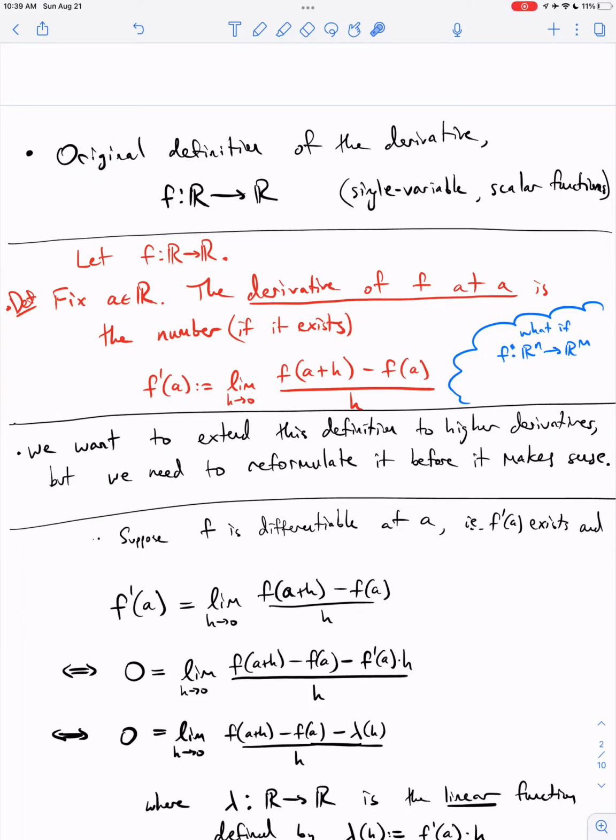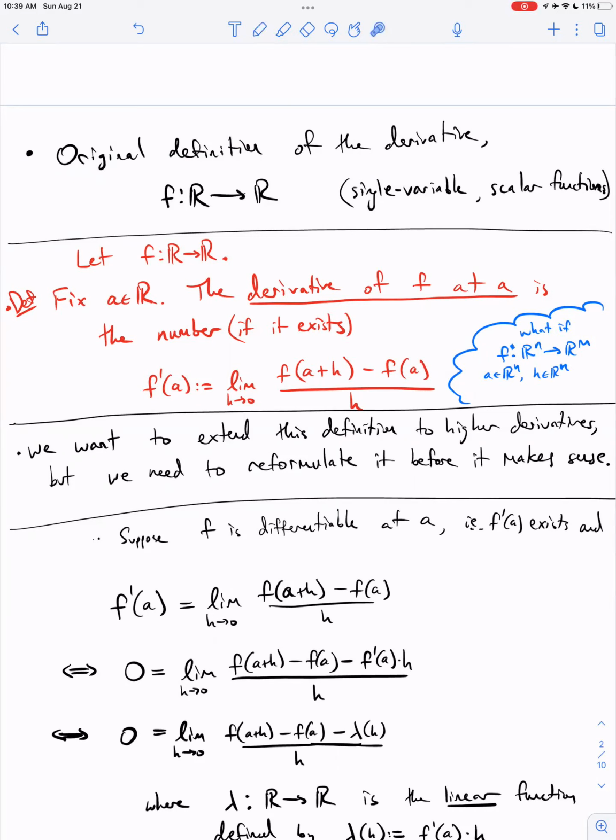Well, you can see that this bottom thing, h, has to live in the domain, because we take something like a plus h. That means a is in Rn, which means h also has to be in Rn. So h is actually a vector in Rn.